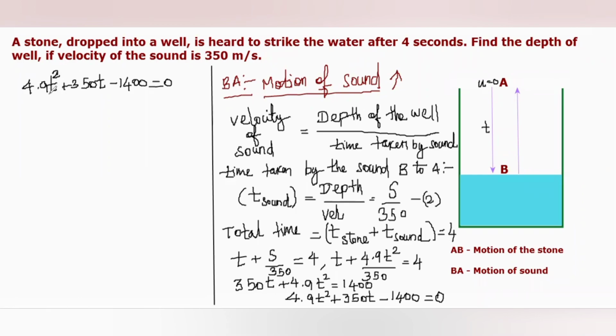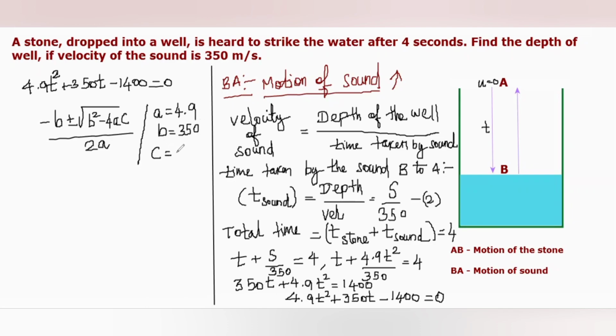To find the value of t, we can use the quadratic formula. The roots we can solve by using the formula minus b plus or minus under root of b square minus 4ac, divided by 2a. By comparing the equation, a equal to 4.9, b equal to 350, c equal to minus 1400.